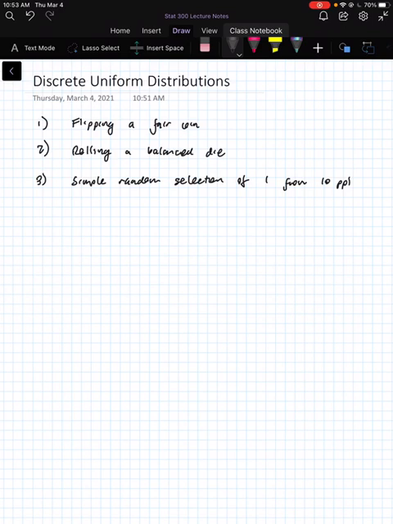What do all three of these random processes have in common? What they have in common is what we call the principle of equally likely outcomes. Each simple outcome has the same probability as all the others.